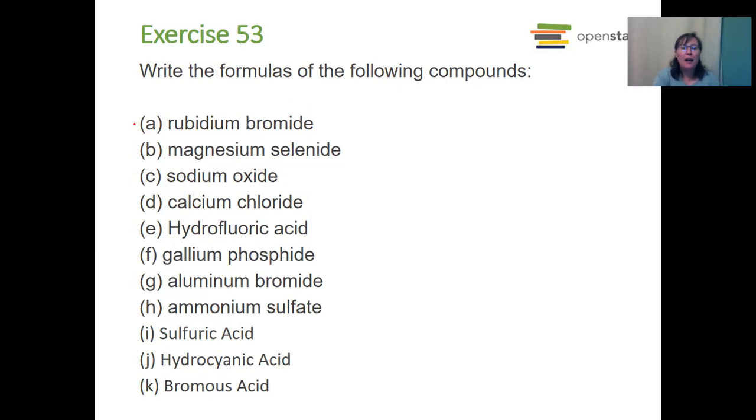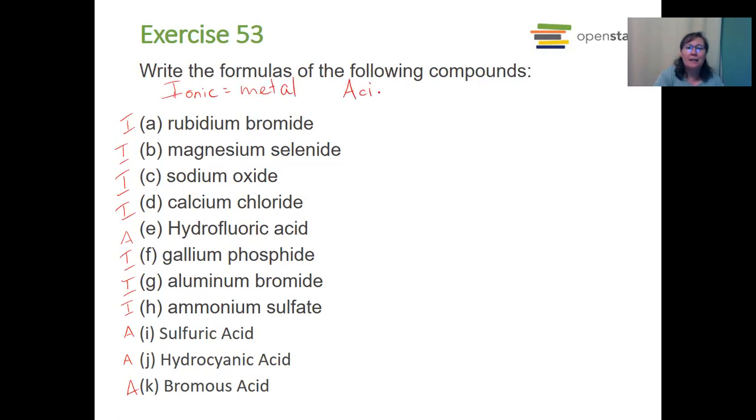So you'll notice we have an ionic compound. I'm actually going to help you here. Oh, look, here's an acid, gallium phosphide. Ooh, ionic compound. Okay, so most of these are ionic compounds with a few acids tossed in. So I just identified them there for you to help you with that. And remember, if it's ionic, it contains a metal.